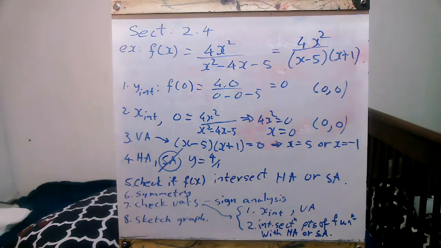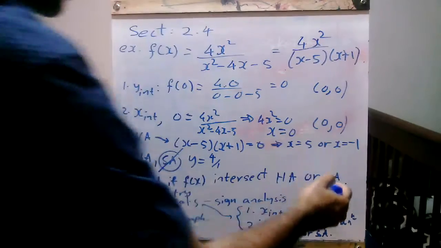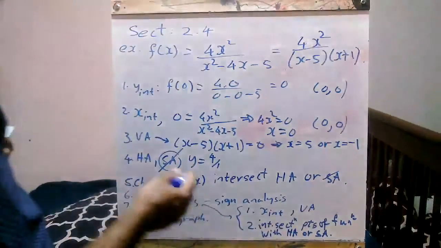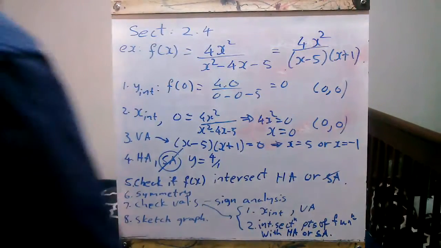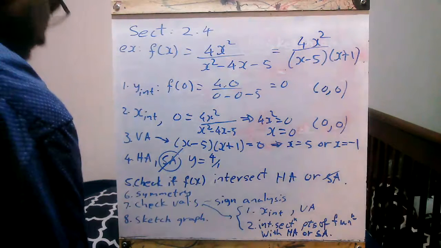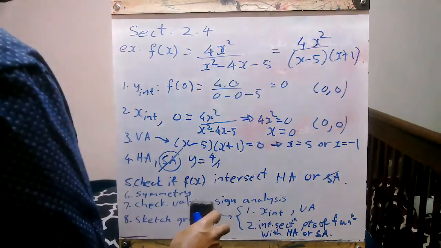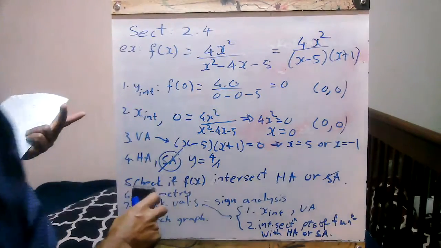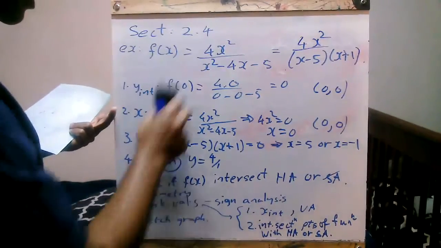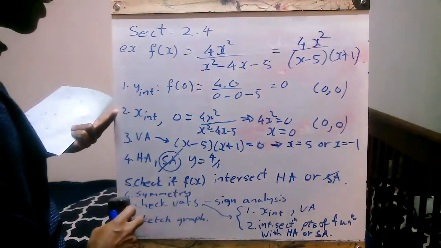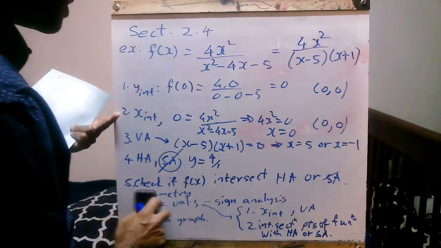Check if f(x) intersects the horizontal asymptote or slanted asymptote. In this case there is no slanted asymptote. For this, let me erase this part. I'm going to do this part on the top, steps 6, 7 and 8.